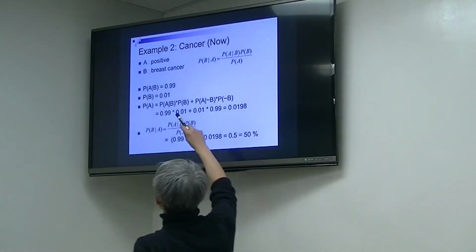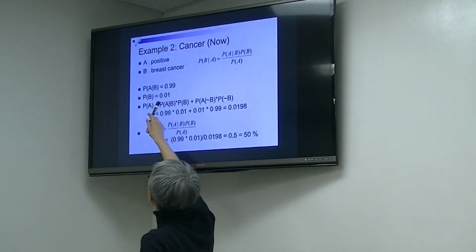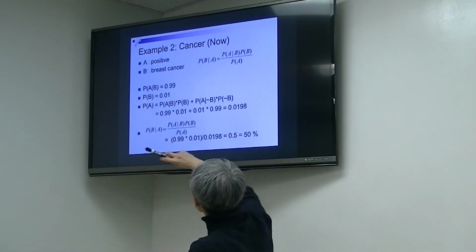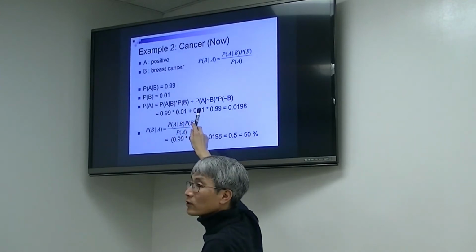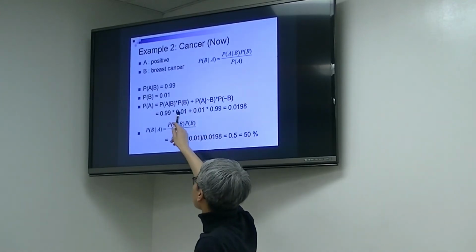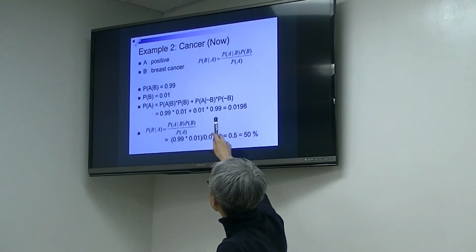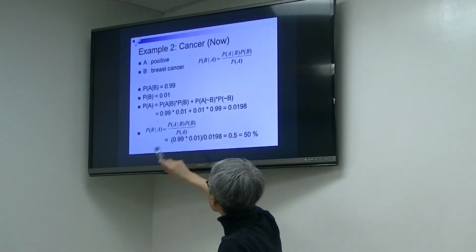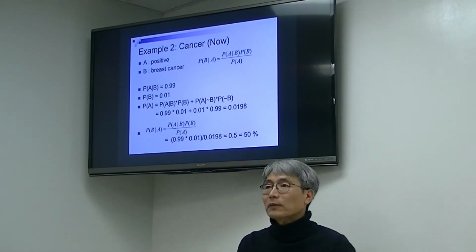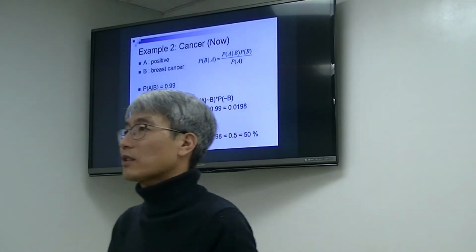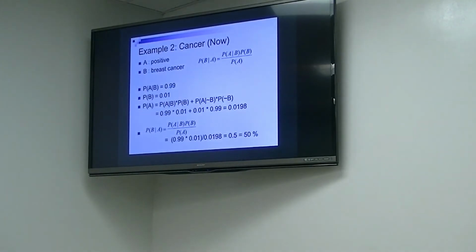So we have the 99%, which means there is still the 1% chance. So then you can see this one, but this one will be 0.01, right? Because it's complementary. And also we can calculate P of A, B bar, that is this one, then it will be 50%, which means it's 99%, okay?